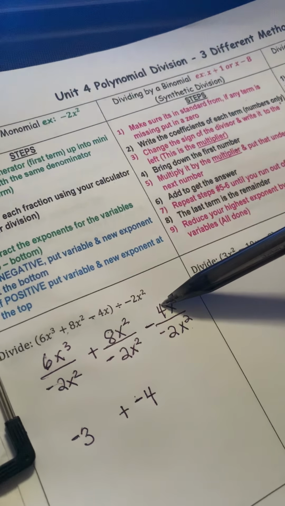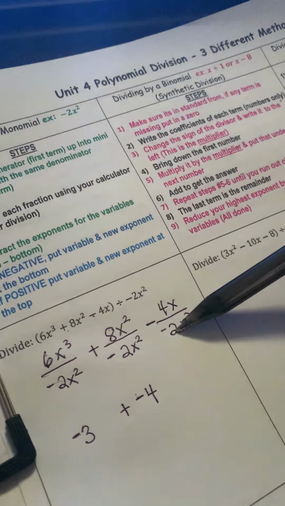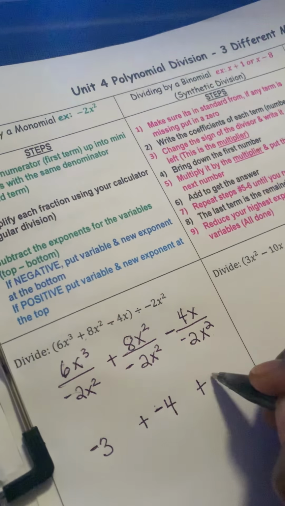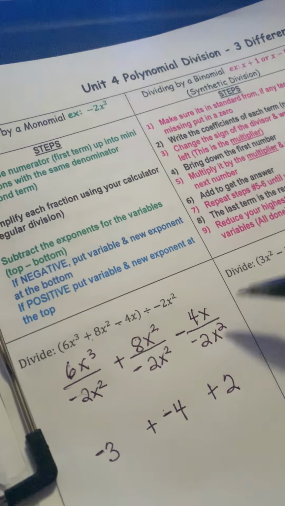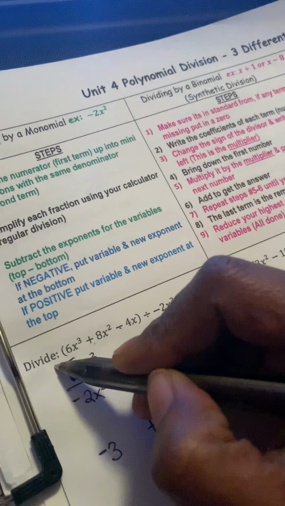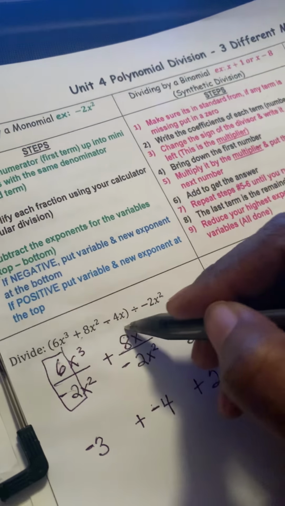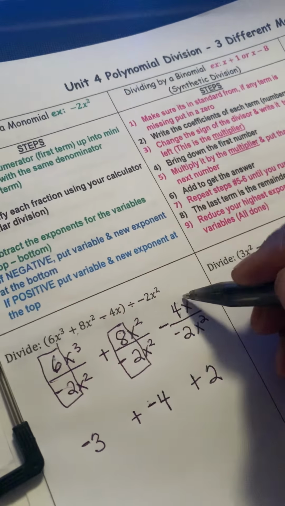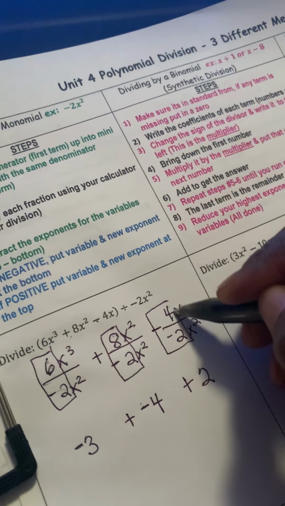And then negative 4 and negative 2 will give me a positive 2 for my number with this one. So this is just me simplifying the numbers, only the numbers.